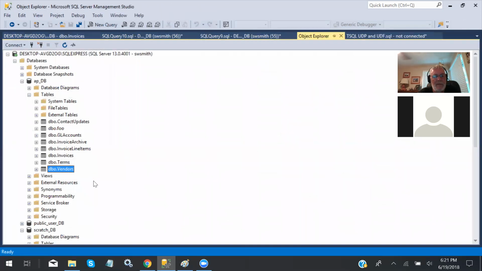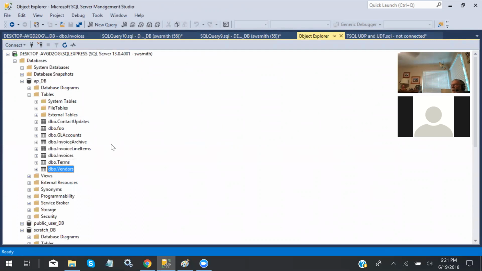How did you create 999, right? I didn't create it. I put that value into the table. The constraint should have stopped me, but I turned off the constraint, inserted it into the table, and then turned the constraint back on.